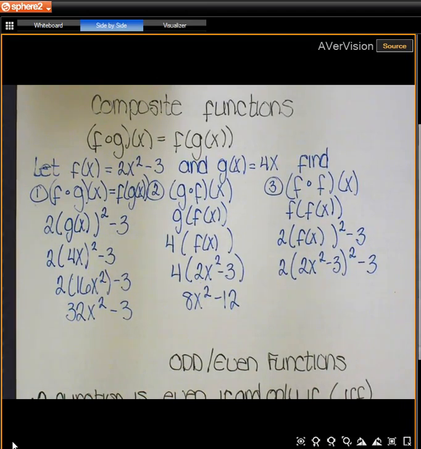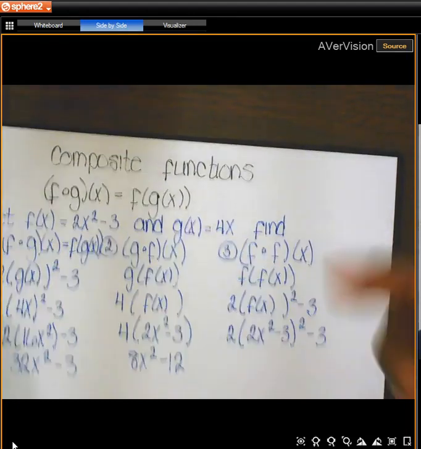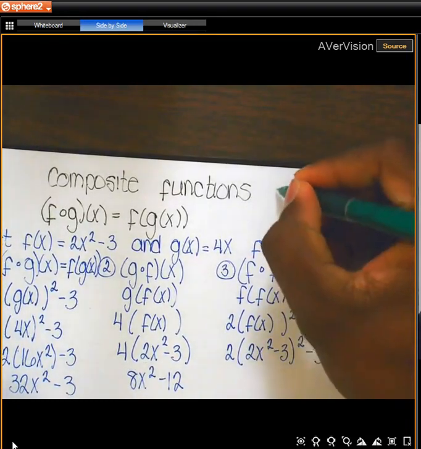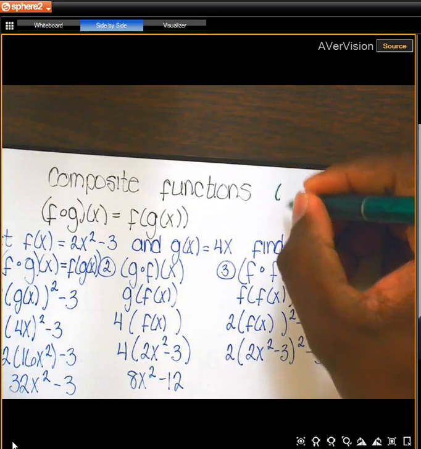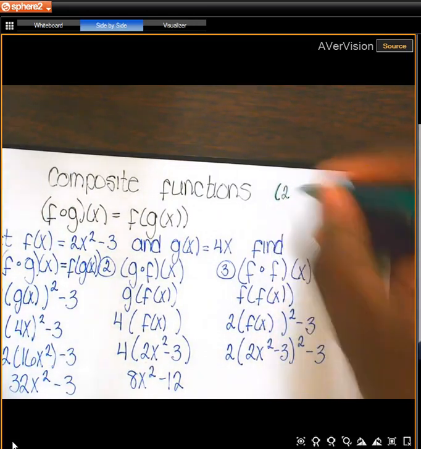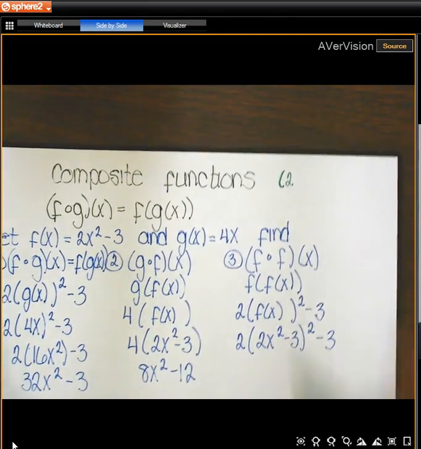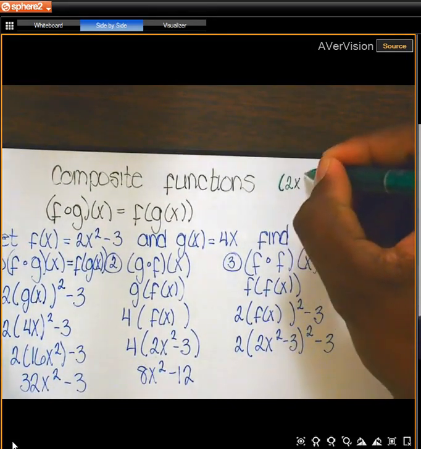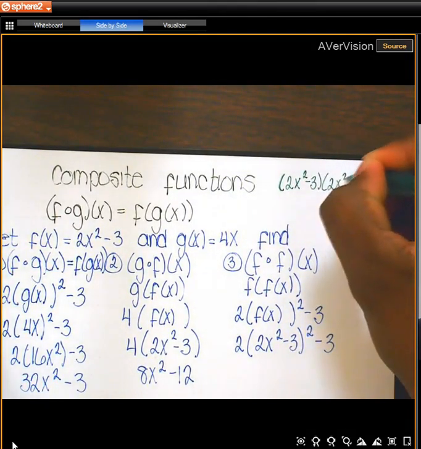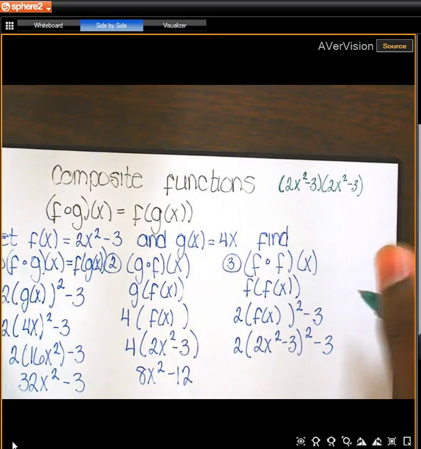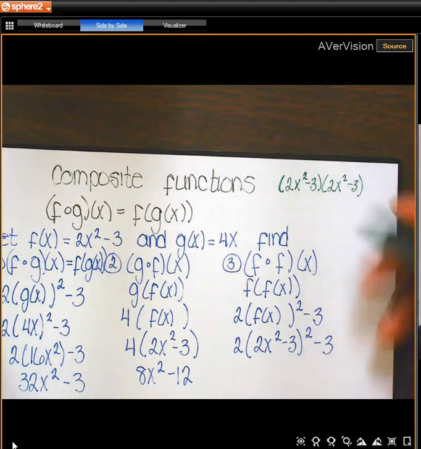Sure. So I'm going to do it up here. We have 2x squared minus 3 squared. So that means we write it twice. We can't just distribute it like we did over here because of this minus sign. So we have to write it twice. And now we distribute when we multiply or FOIL.